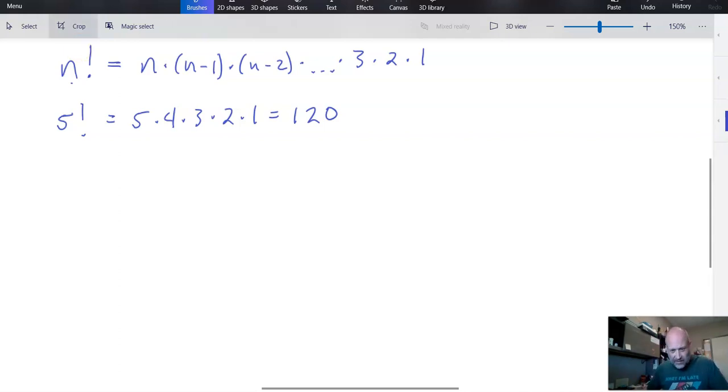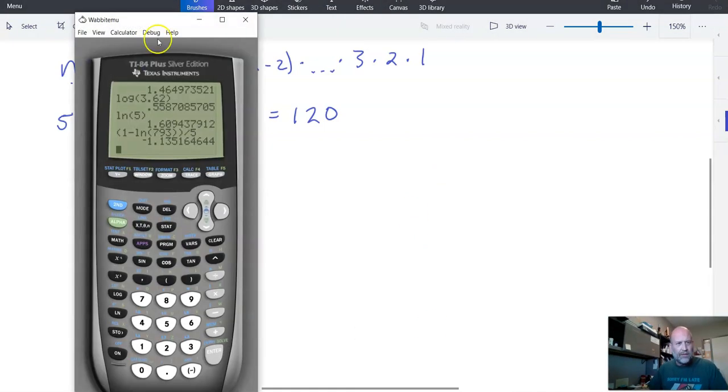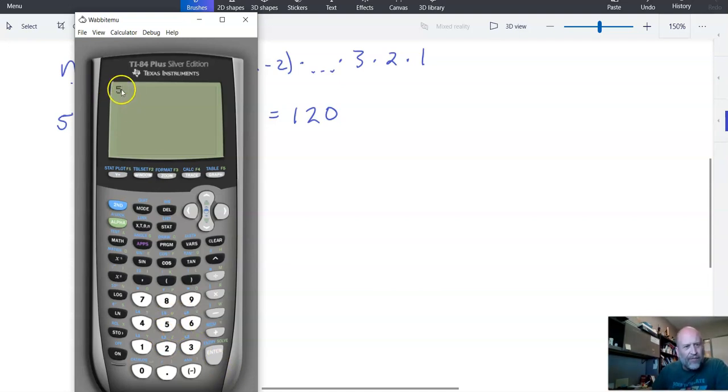Let's go ahead and do this real quick, because you can do these on your calculator. There we go. We got my calculator here. Let's go ahead and clear that off. And let's go ahead and check, first of all, that we can compute our factorial. So we start by typing 5. And then now I have to remember where this stuff is. So then we're going to hit the math button, right?